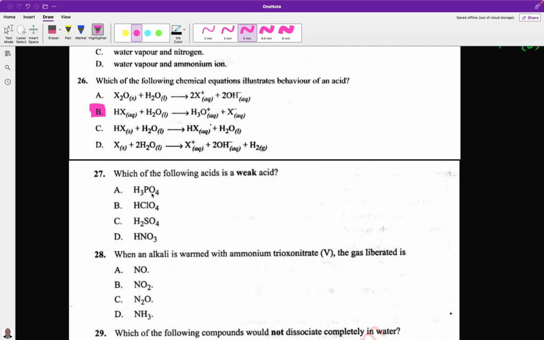This one, when it ionizes in solution, in water, is going to give 2H plus and HPO4 minus. There's still going to be an HPO4 minus in this one.